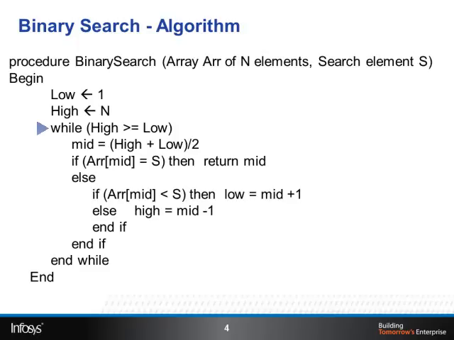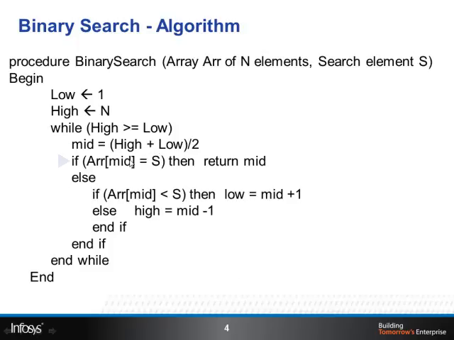We have now a check: while high is greater than or equal to low, which is true because initially the value of n is 5, and 5 is greater than the low position, which is 1. We calculate the mid. The mid is 1 plus 5 divided by 2, which is 3. So the mid position calculated is 3, as you can see in this step.